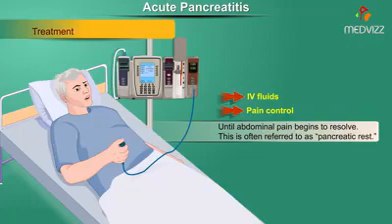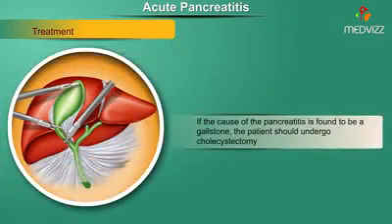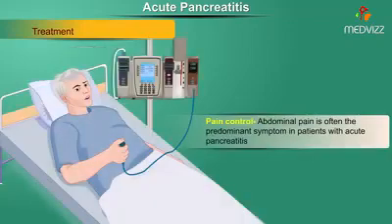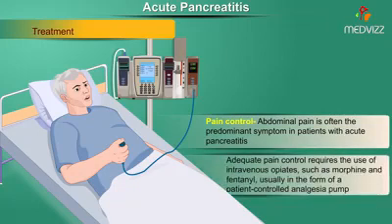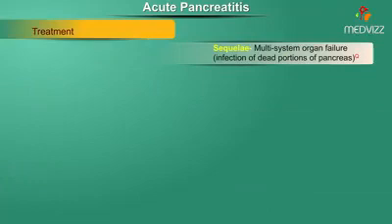This is often referred to as pancreatic rest. If the cause of pancreatitis is found to be a gallstone, the patient should undergo cholecystectomy. Abdominal pain is often the predominant symptom in patients with acute pancreatitis. Adequate pain control requires the use of intravenous opiates such as morphine or fentanyl, usually in the form of a patient-controlled analgesia pump.